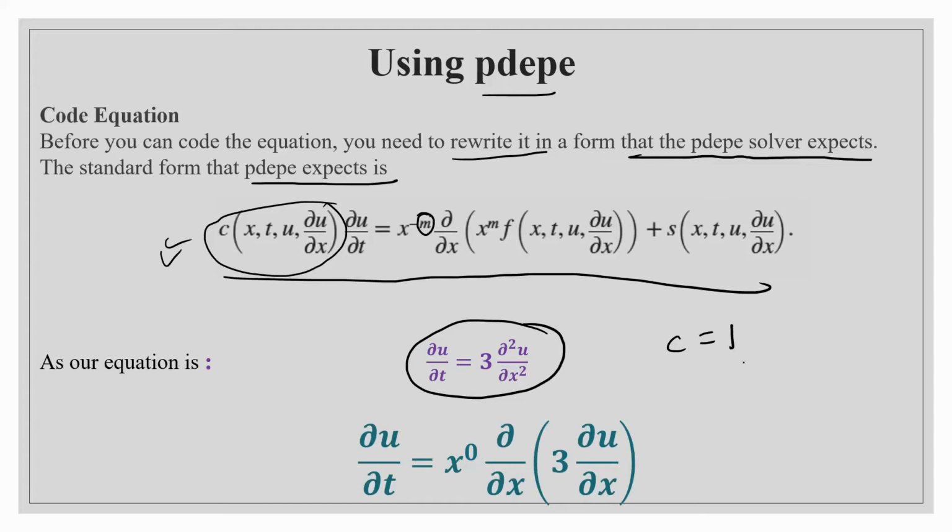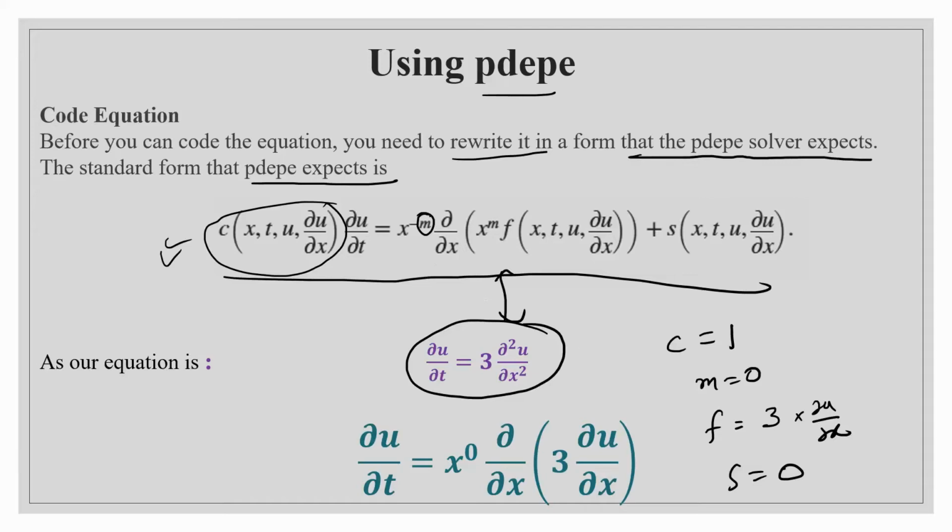Comparing the given equation with ours, what will be the value of f? f will be equal to 3 into del u by del x. And what will be the value of s? The value of s will be equal to 0. So the first step is that we need to rewrite our partial differential equation in the format that the pdepe solver expects.